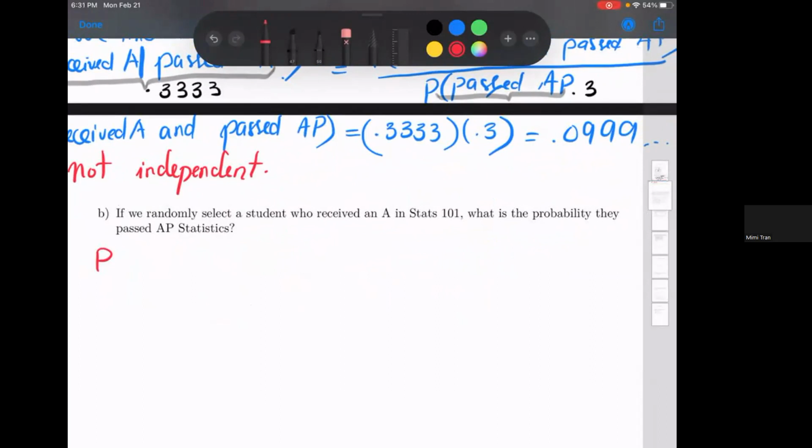So if I write in stat terms, it would be what? Yeah, pass AP given receive an A.